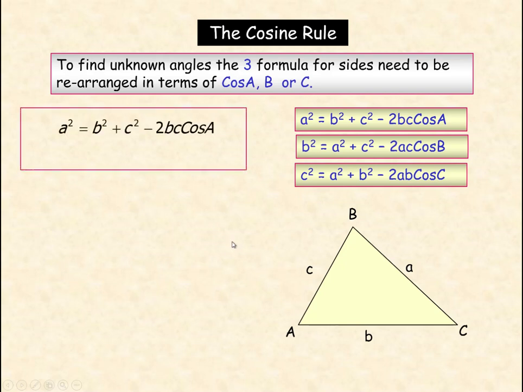So that's our a squared equals b squared plus c squared minus 2bc cos A. I can rearrange that to find cos A. I can take my minus 2bc cos A over to the other side, and at the same time I can take my a squared and bring it over this side.